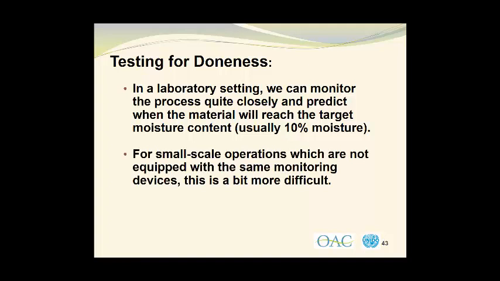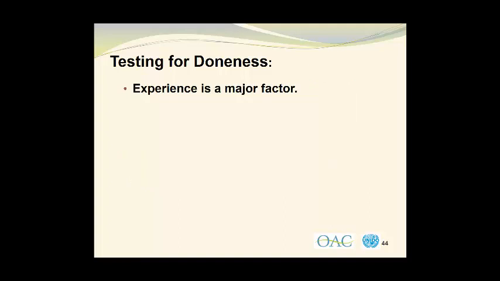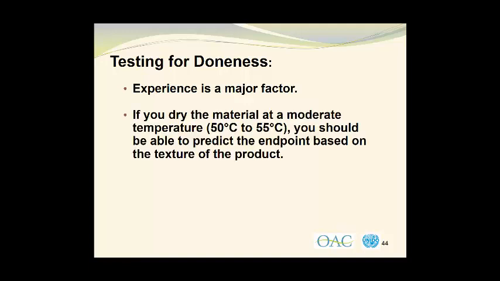For small-scale operations which are not equipped with the same monitoring devices, this is a bit more difficult. Experience is really the major factor when it comes to determining the doneness or the final point in the drying process. If you dry the material at a moderate temperature of 50 to 55 degrees Celsius, you should be able to predict the end point based on the texture of the product.